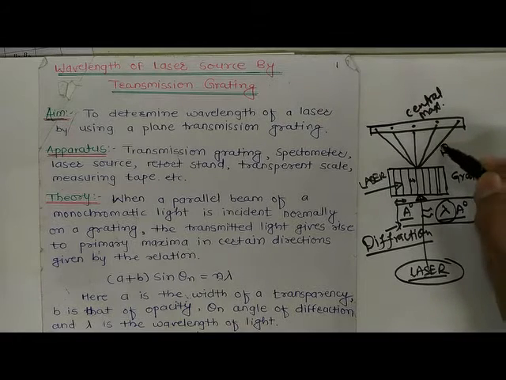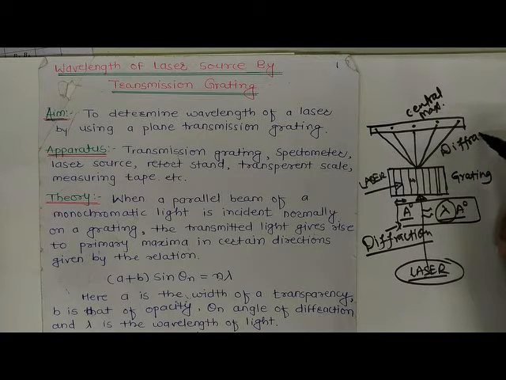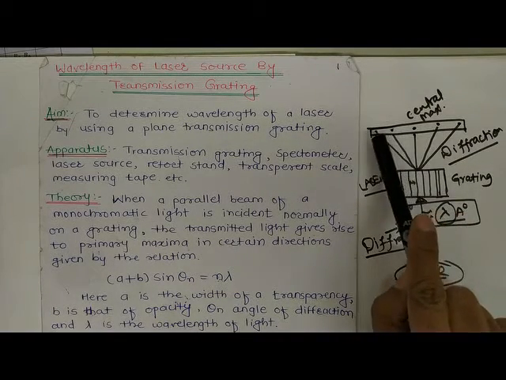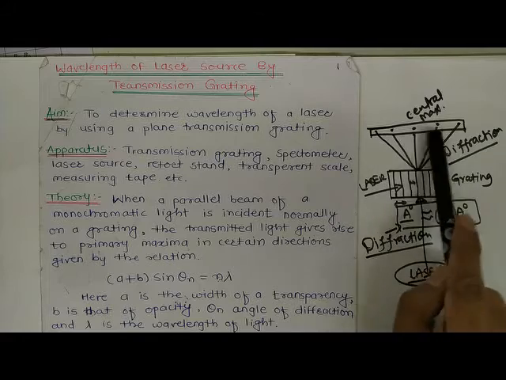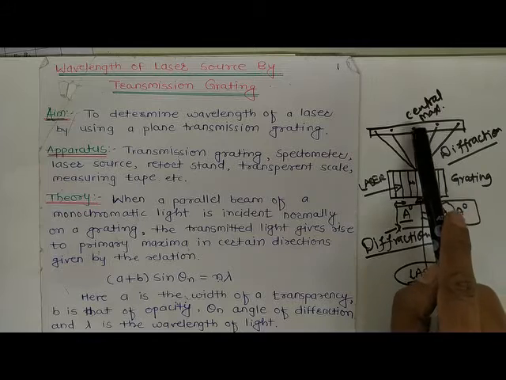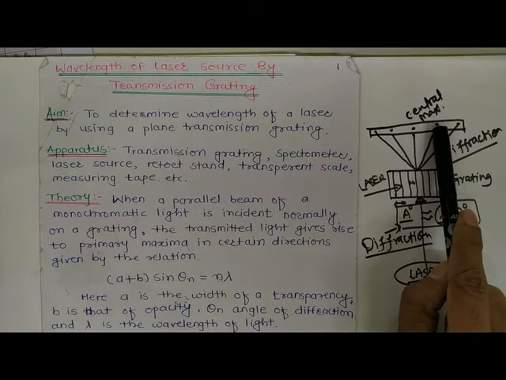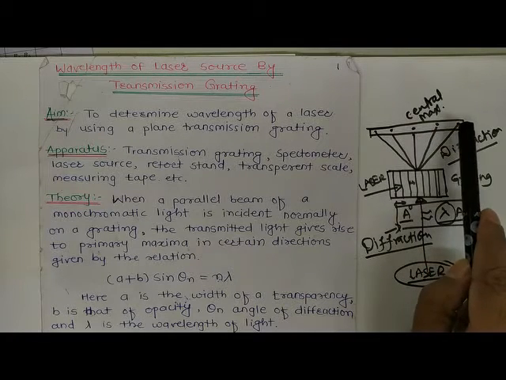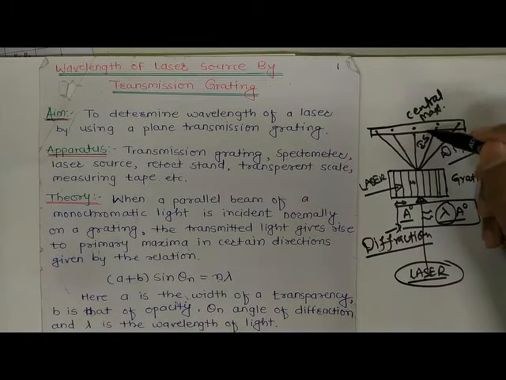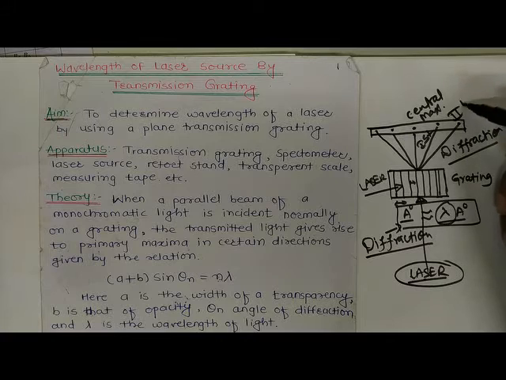Due to this grating, diffraction of laser light takes place, and if we arrange the screen with a scale, we can exactly find the distance of the first order from the central maxima, then the second order, and so on.